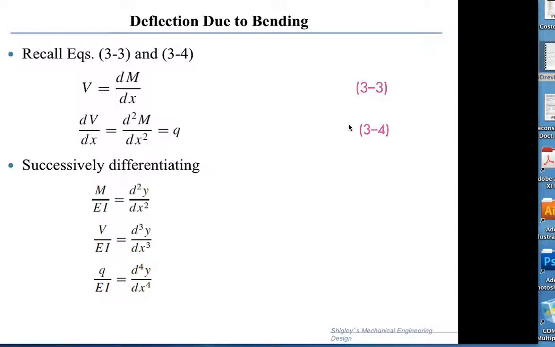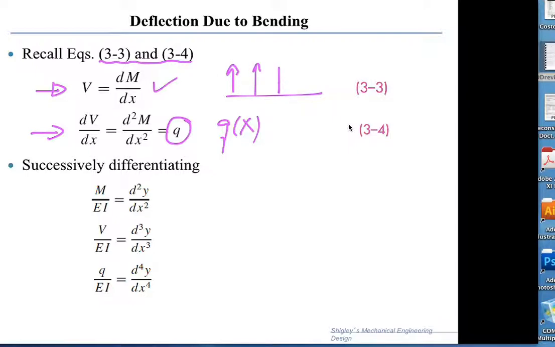The first equation that we have learned from the previous chapter is that the transverse shear force, V, is the first derivative of the moment with respect to x, and then the applied force, Q, which is a function of x, a distributed force on the beam, taken to be positive in the upward direction.